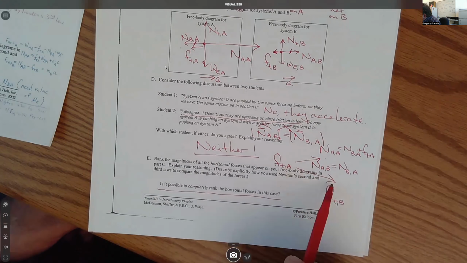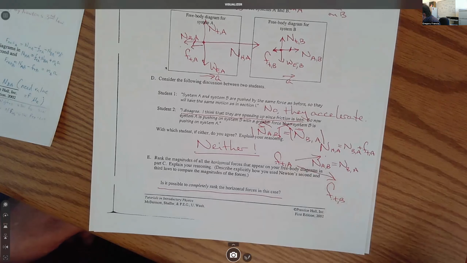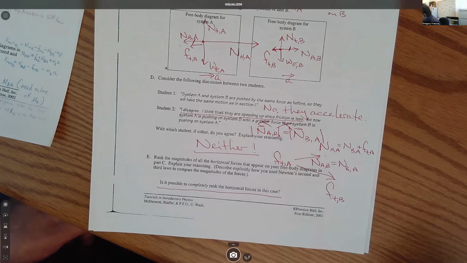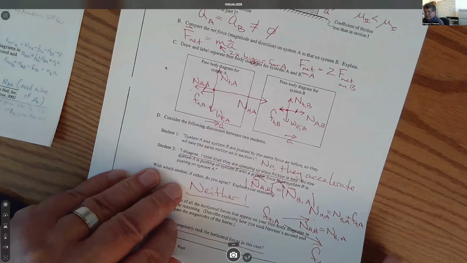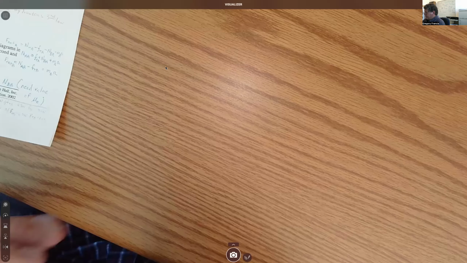Well, then both of these friction forces would be down here below the normal forces between A and B on A. So I can't fully rank all of the forces without knowing a little bit more information.